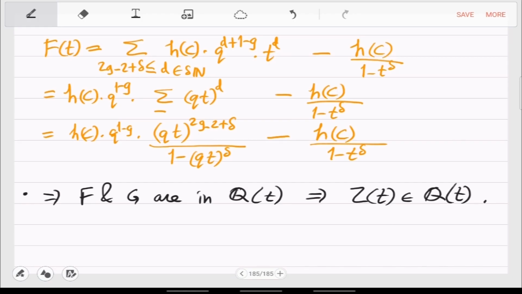You can observe more interesting things here. For example, if you set t equal to 1, then both the first part of F and G are obviously well-defined values, except this h_C over t raised to delta minus 1.